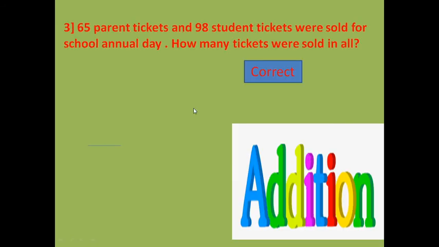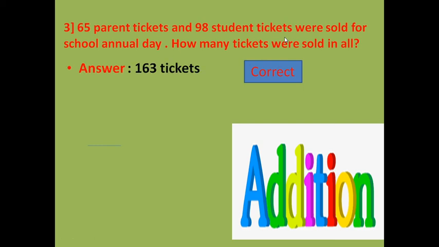Okay, next, number 3: 65 parent tickets and 98 student tickets were sold for a school annual day. How many tickets were sold in all? So here I read the question. This is the first step. Second, I find the information. Here I have 65 parent tickets and 98 student tickets.